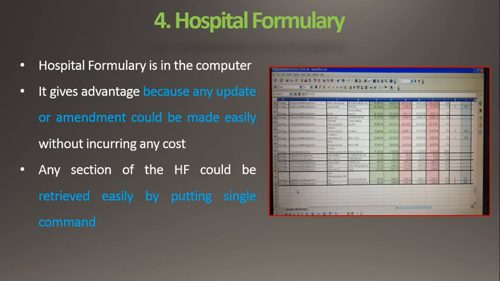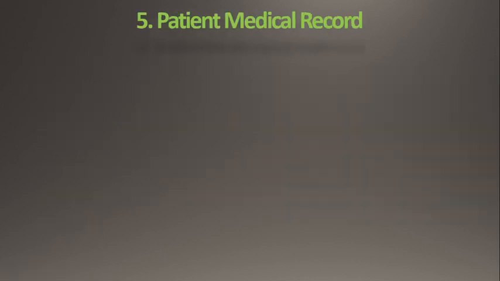So we'll get the information, or we can find that particular data in the hospital formulary with a single command. So it helps to maintain the hospital formulary as well as to update or amend it. Let's move to the next.